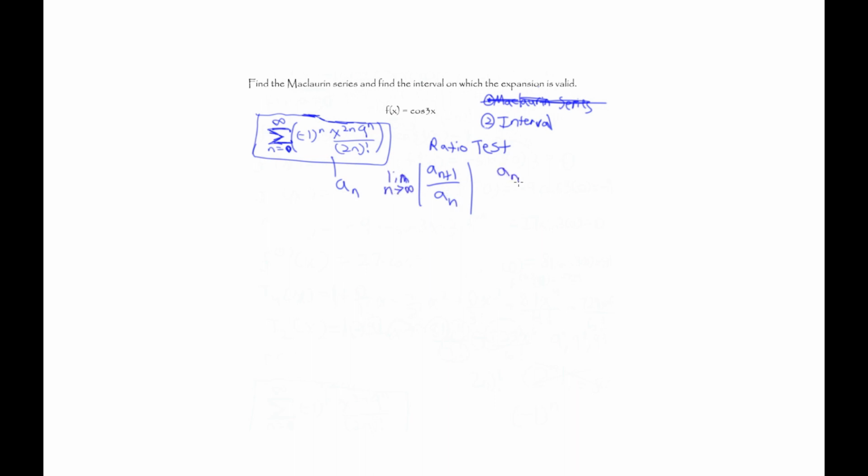Let's write out our a_n and a_(n+1) values first. Our a_n value is just going to be what's inside the series that we just found. a_(n+1) is going to be equal to that, but you just replace all the n variables with n+1. Be careful that we put it in parentheses so we remember to distribute.